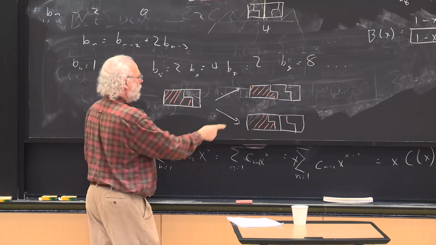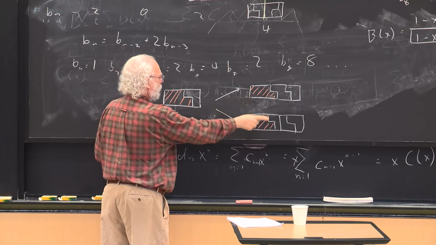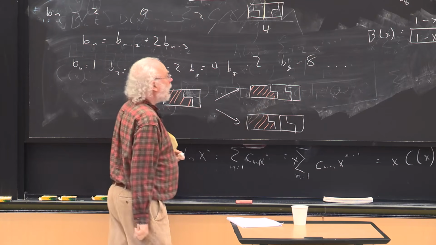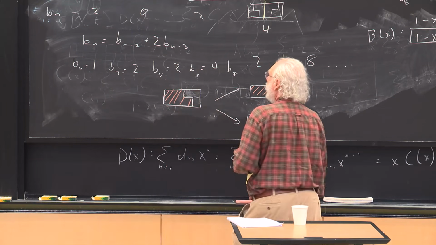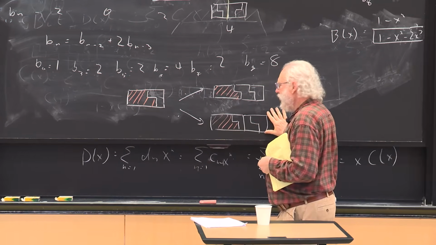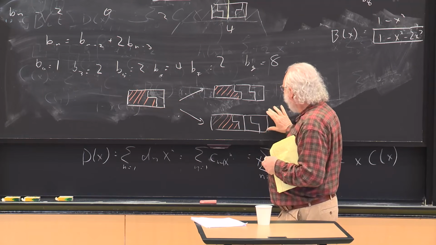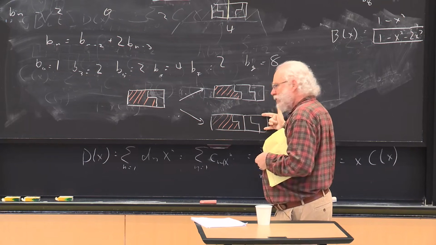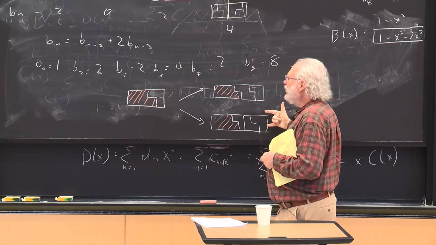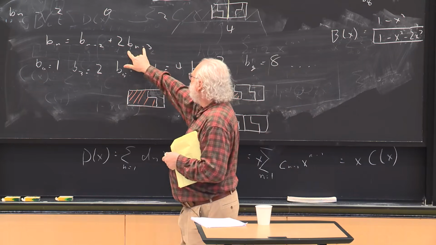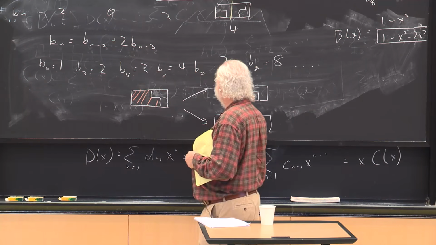Okay, so you've extended this by 2, so that gives you the formula b n minus 2. Here you've extended this by 3, but there were two ways to do it, because you could have added this block, or you could have added this block reflected around its horizontal axis. So that gives you 2 b n minus 3.